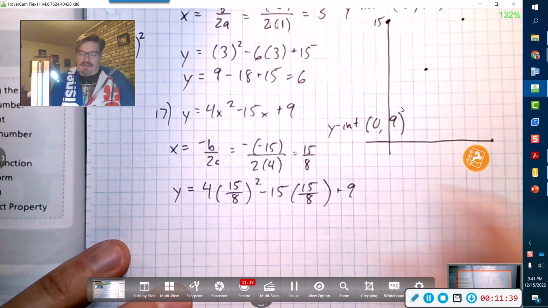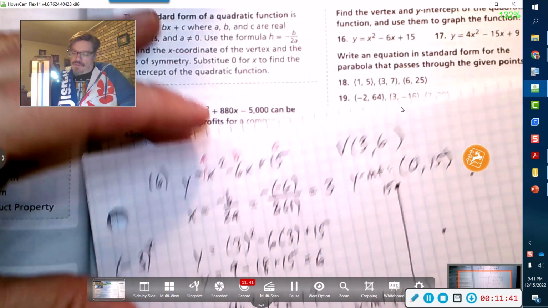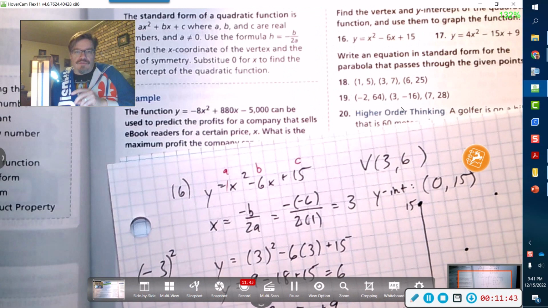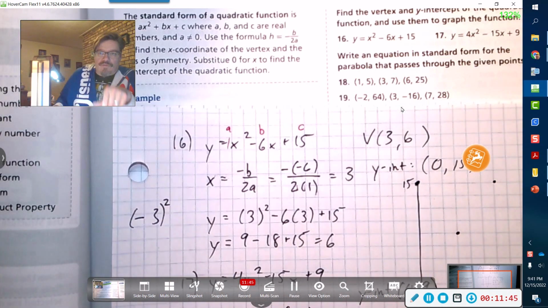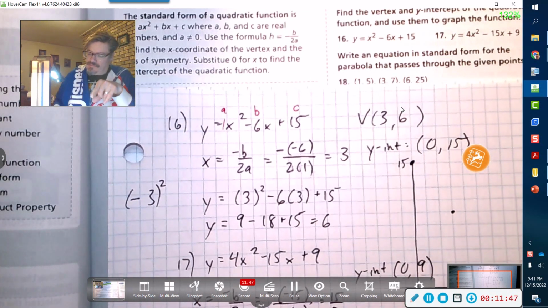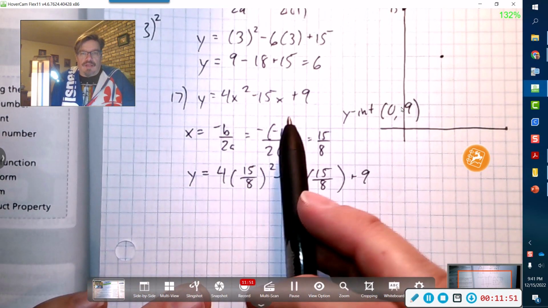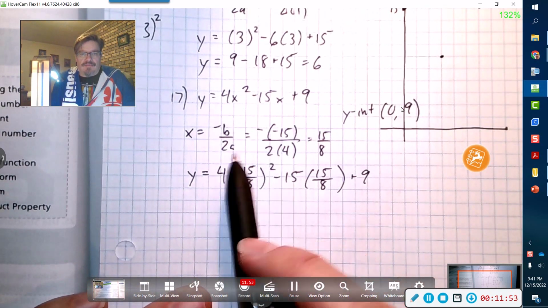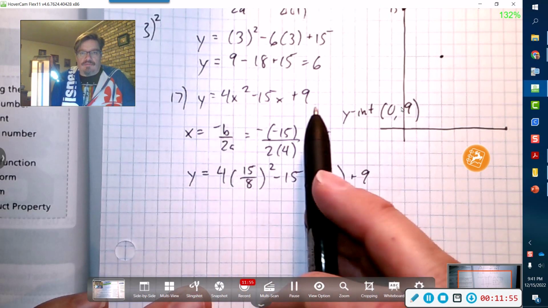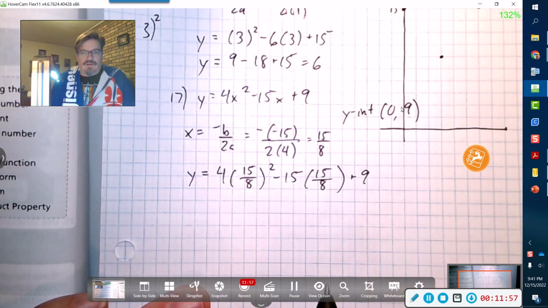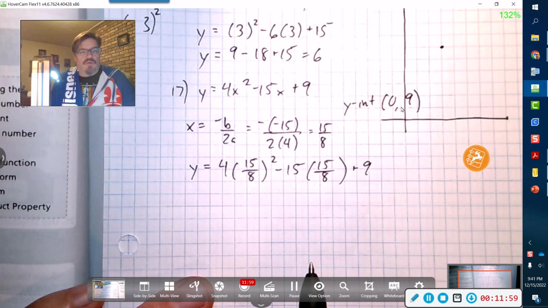Negative b. Let me just make sure I wrote that right. 4x squared minus 15x plus 9. So, negative b, 2 times a, no GCF, 15 over 8. Yeah, that's pretty mean, pretty cruel.